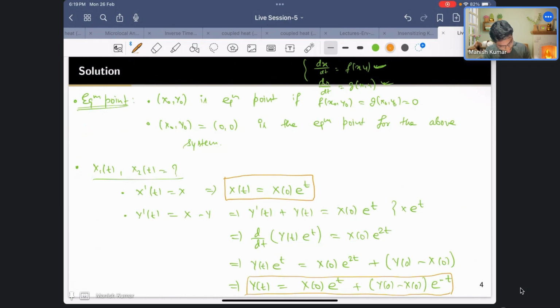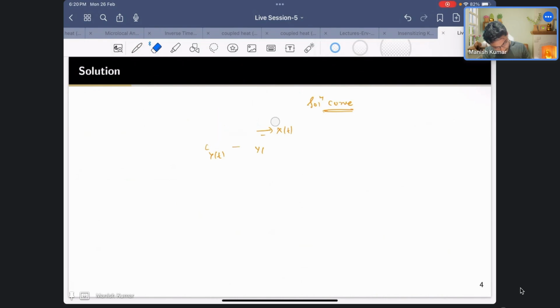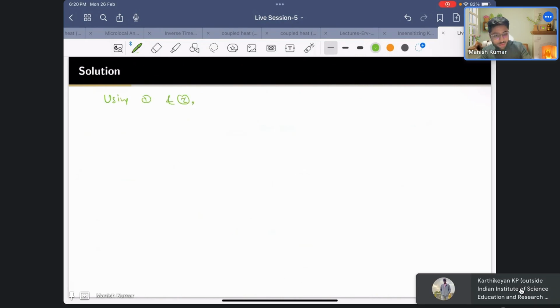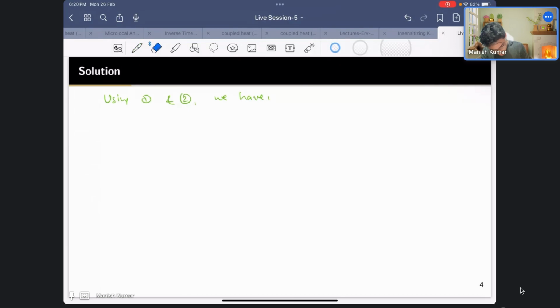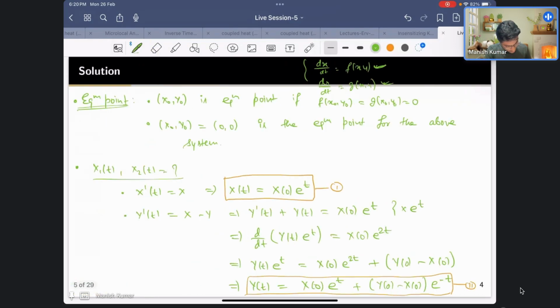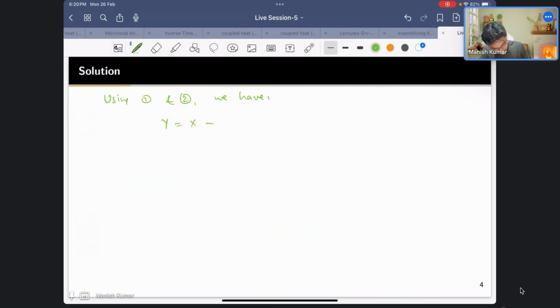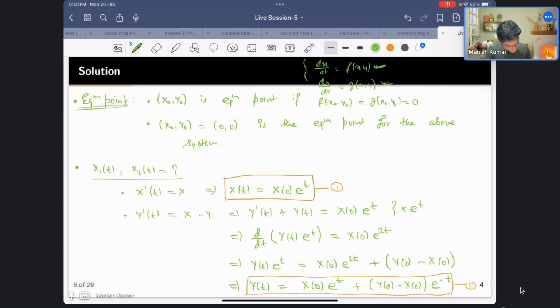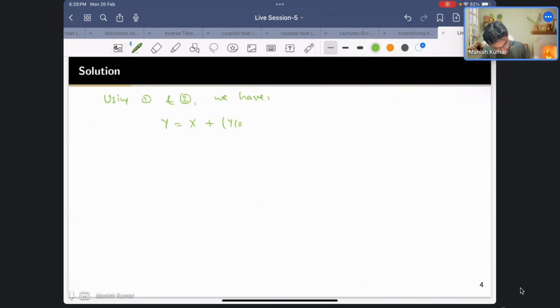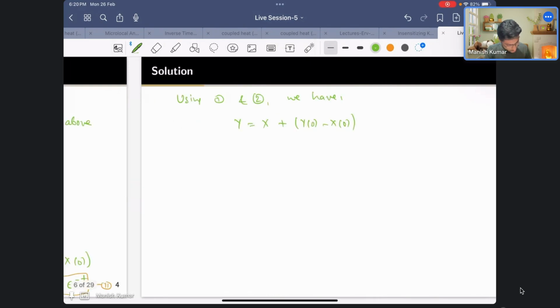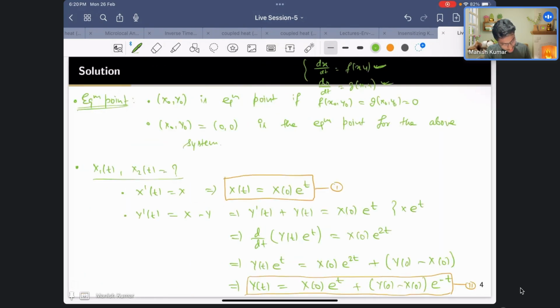Using 1 and 2, we have y is equal to, so here we can simply write x plus, here we can write y0 minus x0, and e raised to the power minus t can be written as 1 by x.